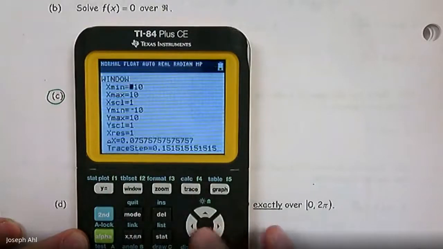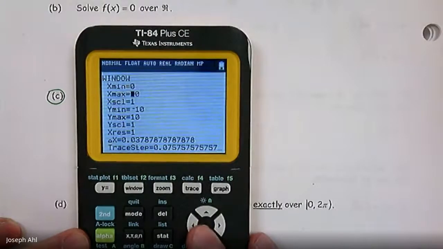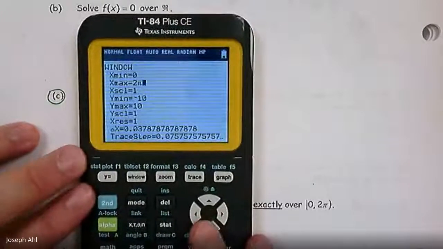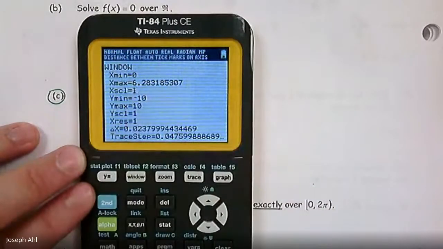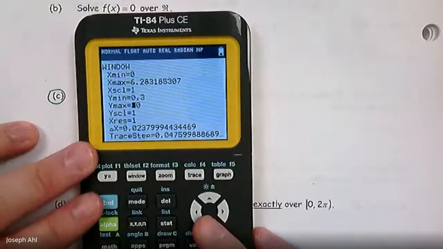I'm going to change my window a little. I want to graph this from 0 to 2 pi, so set x min to 0 and type in 2 pi for x max. When I scroll down, it converts to 2 times 3.14, about 6.28. For the y values, you shouldn't have to go outside the window.